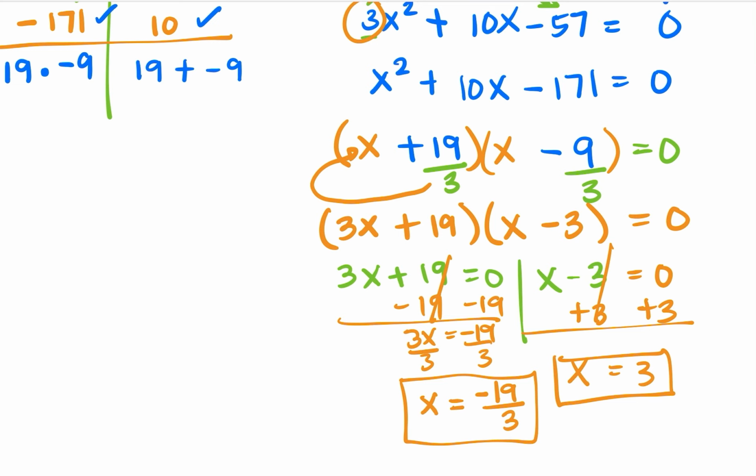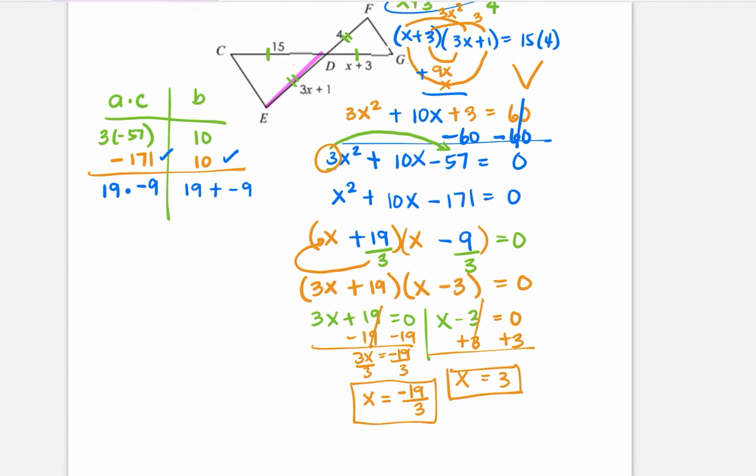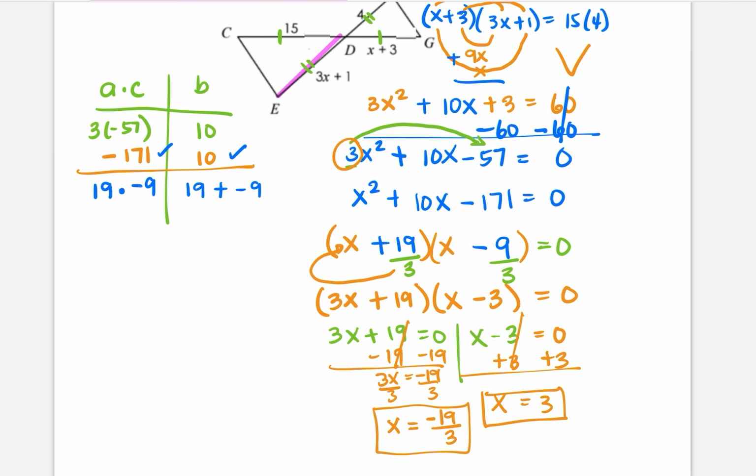And since we are trying to find the value of ED, we're going to go back to the problem. The value of ED, which is the pink line, is equal to 3x plus 1. Since we have a negative value here, and of course it's a measurement of a side of a figure, we're going to use positive 3.